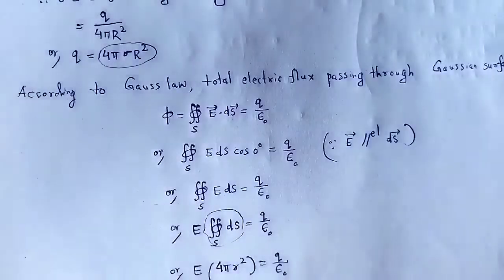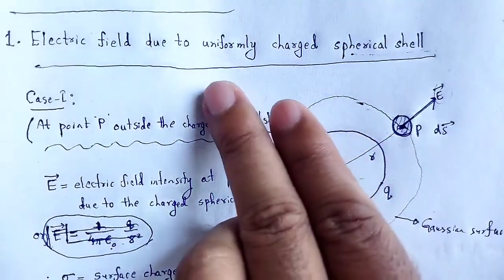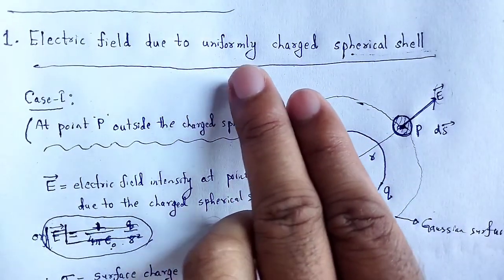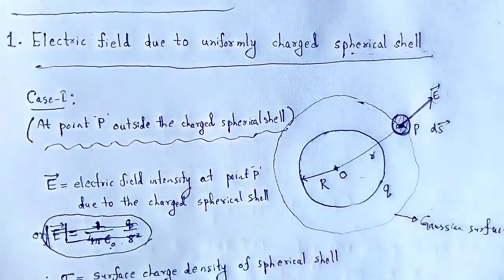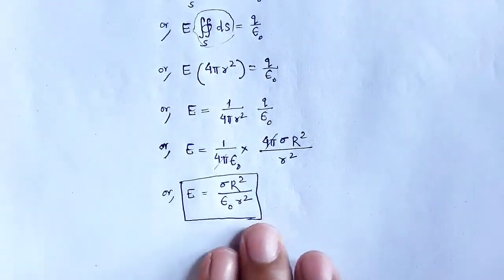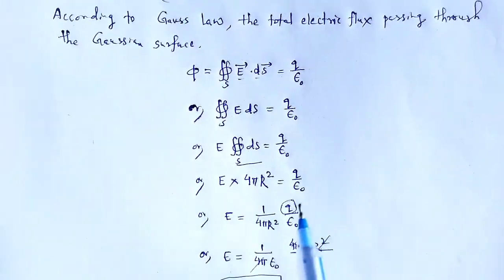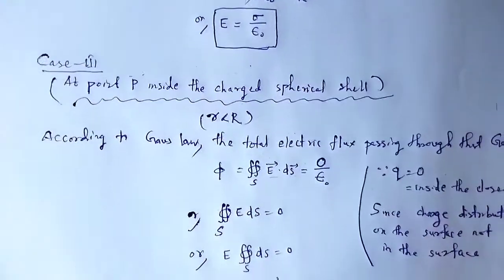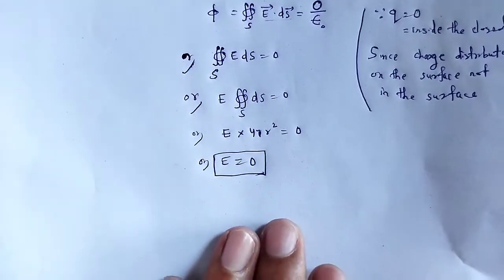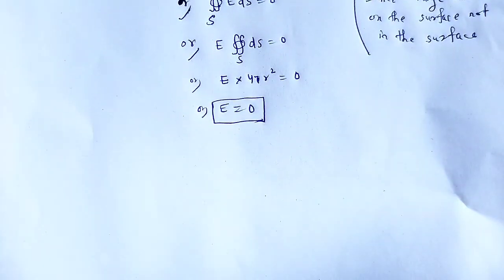Here we discussed 3 possible cases of the electric field due to a uniformly charged spherical shell: when the point is outside the spherical shell, when the point lies on the surface, and finally inside the spherical shell. By taking these 3 possible cases, we can draw the graph.